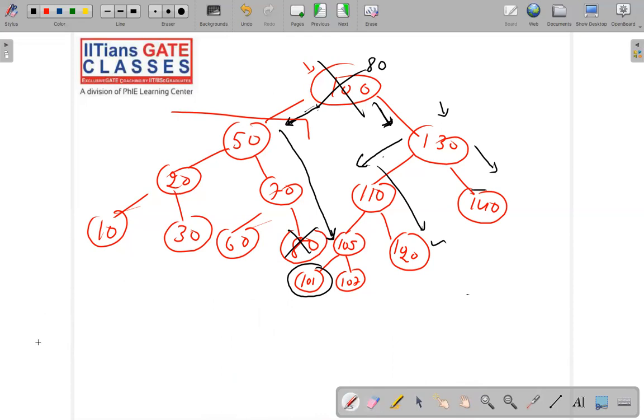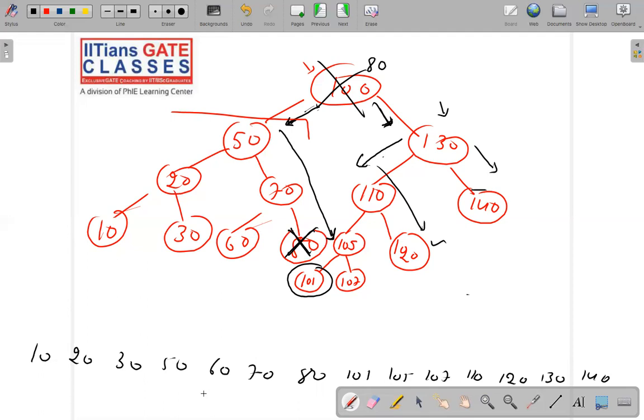Inorder traversal for this tree is 10, 20, 30, 50, 60, 70, 80. We have removed 80 and we have pushed 80 here, right? 80, 101, and we have done 105, 107, 110, 120, 130, and 140.